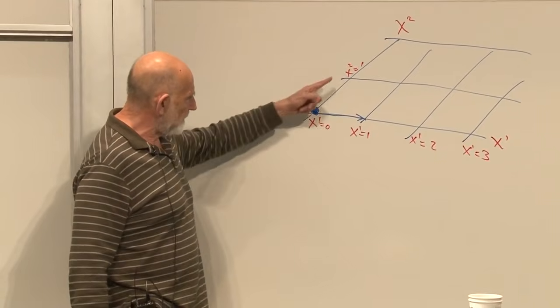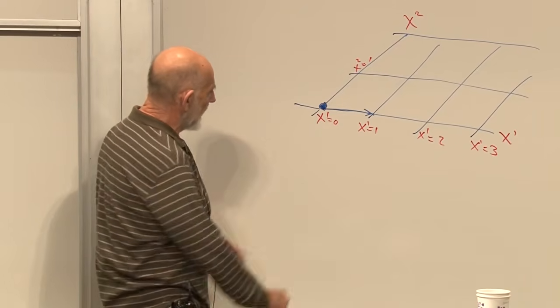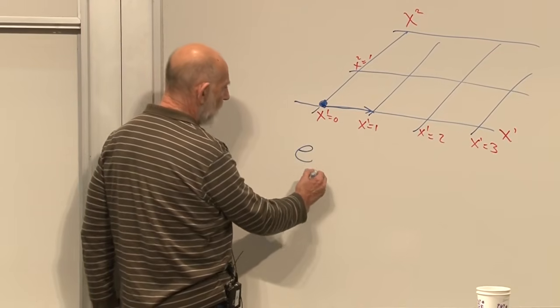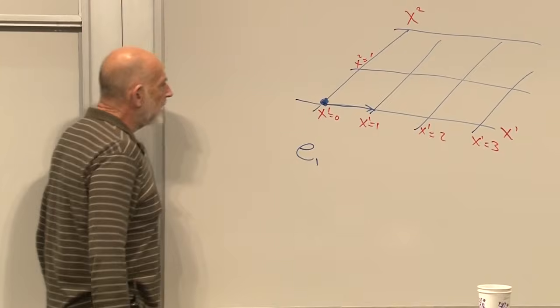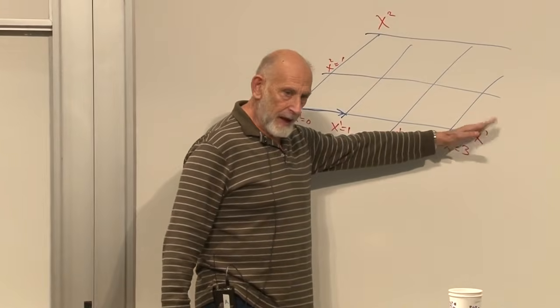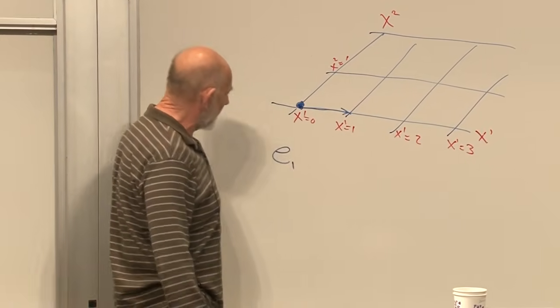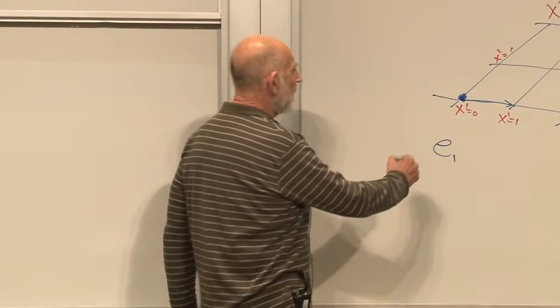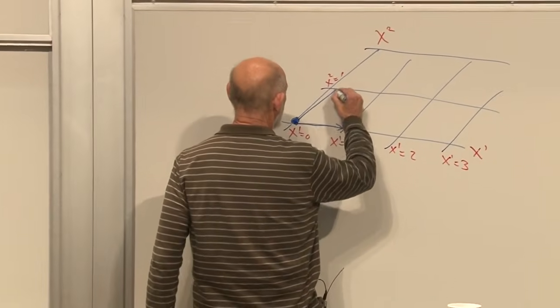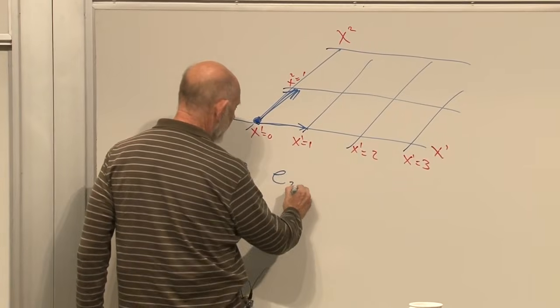It extends from this point to this point, x equals 0 to x equals 1, and I'm going to call it E1. The 1 here stands for this 1, x1 and not x2 and not x3. In other words, it's along the x1 axis. And there's another vector along the x2 axis, which I'll call E2.